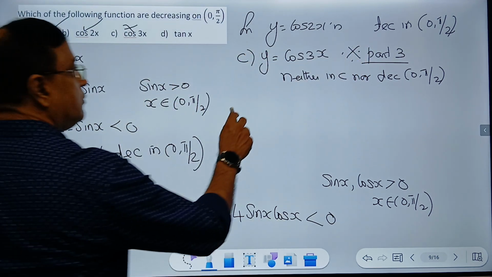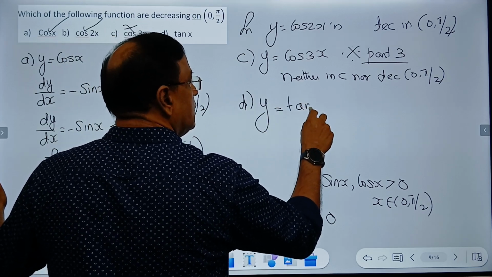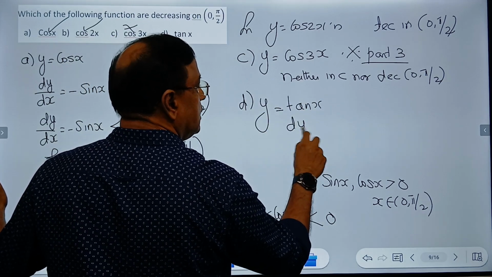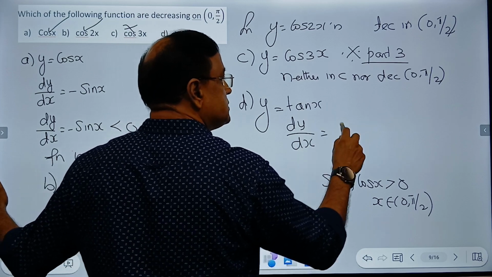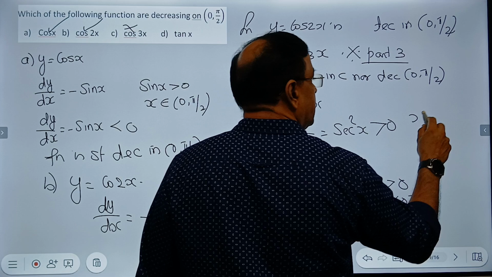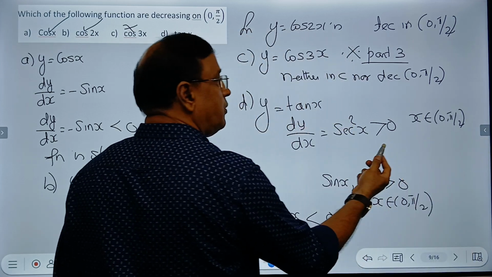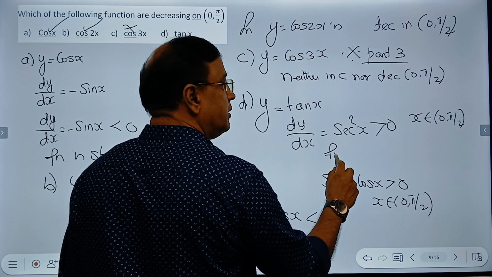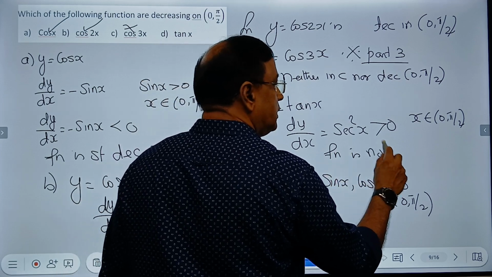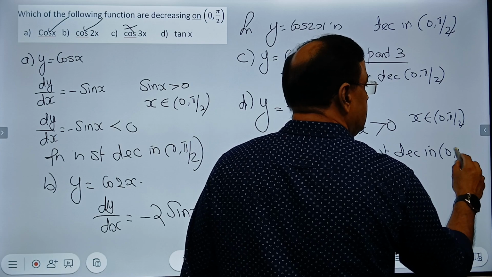Now let's go to the last problem. Y equal to tan x. What is differentiation of tan x? Differentiation of tan x is secant square x, which is obviously positive for x belongs to 0 to pi by 2. So since it is positive, it is an increasing function. So I can say the function is not decreasing in 0 comma pi by 2.